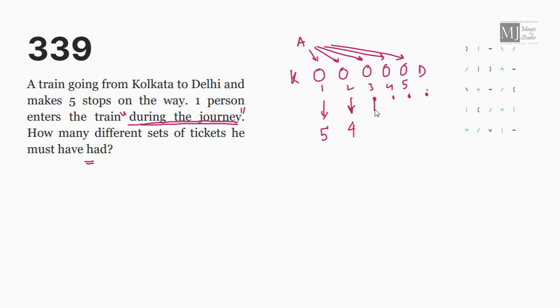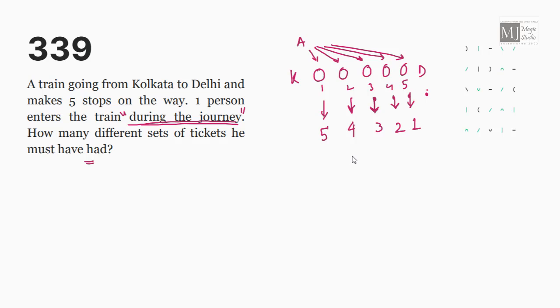If he entered at station number 3, 3 tickets. If he entered at station number 4, he might have tickets for station 5 or the terminal station, any 2 tickets. If he entered at station number 5, he must have a ticket for Delhi, the terminal one.